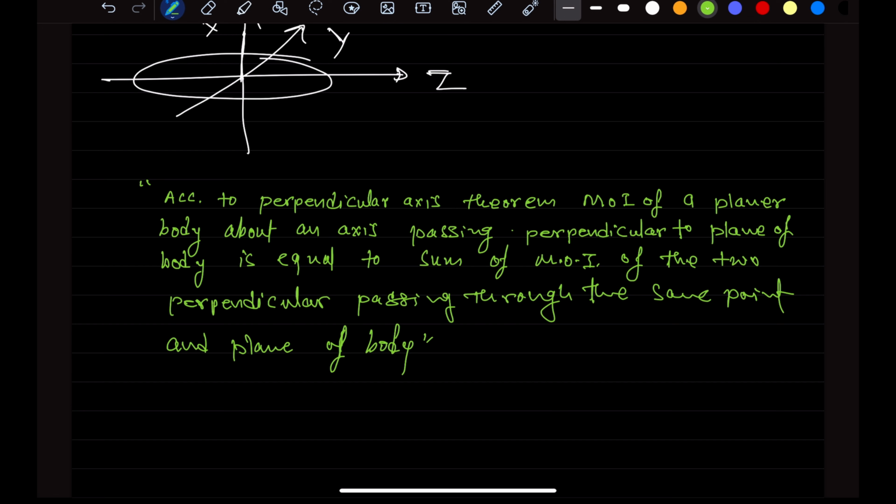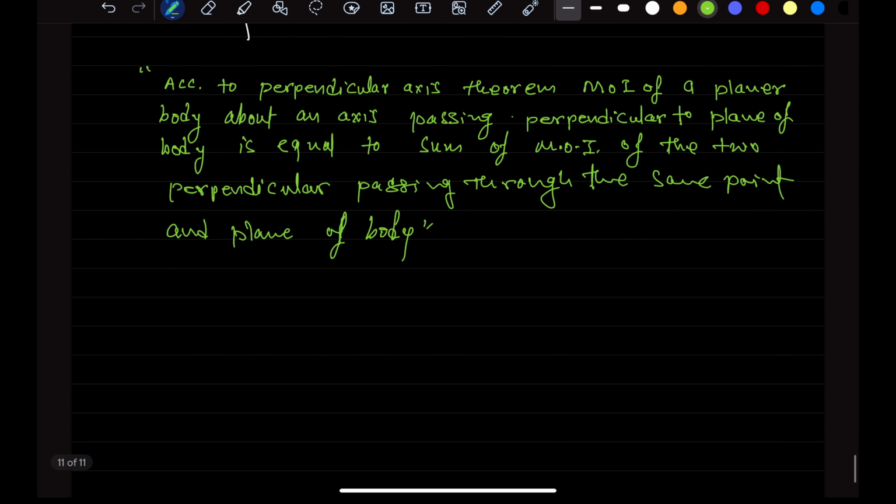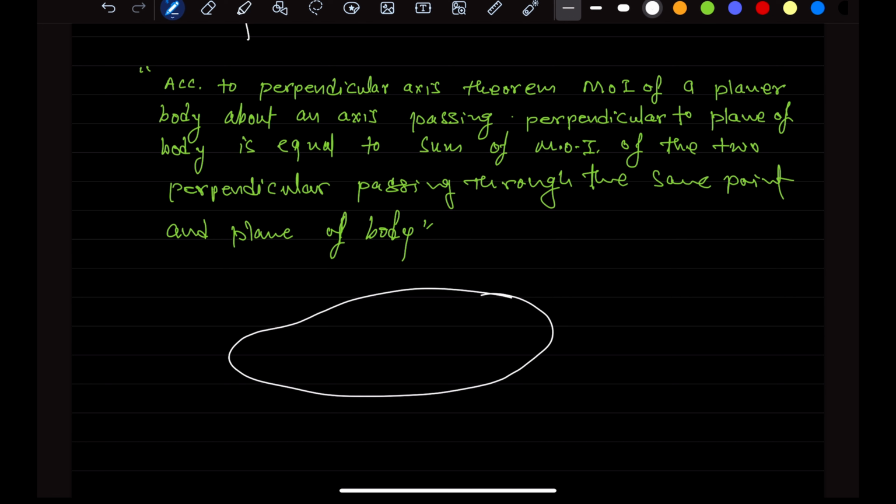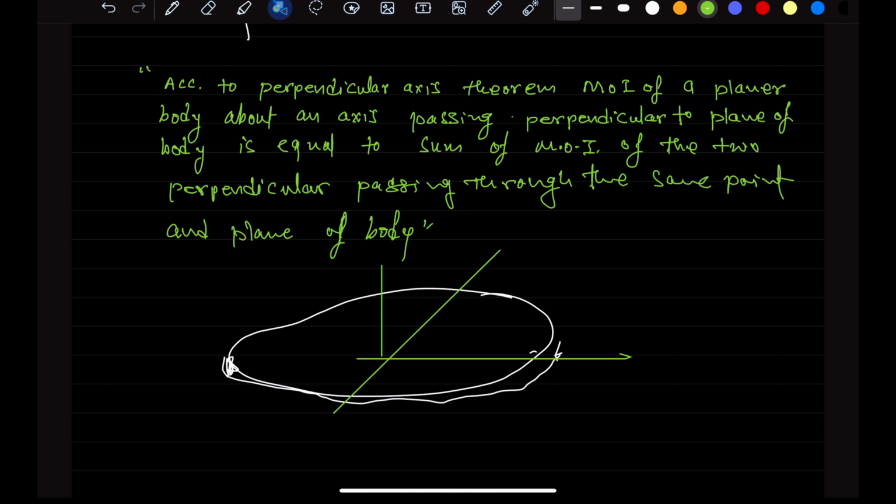Right? So let me give the general names. Let's assume that this is a planar body. Yeah, this is a planar body, and this is, let's call it axis A, axis B, and the third is perpendicular to this surface.